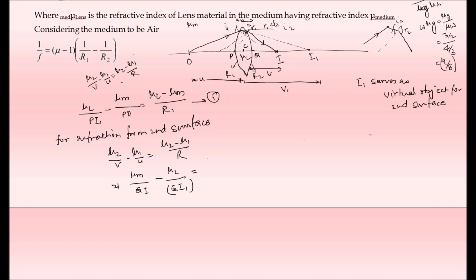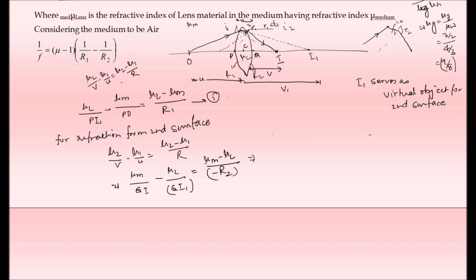If I put the value for the right hand side, then it's equal to mu m minus mu l divided by minus R2. So clearly, if you see here, R2 is in the direction opposite of the incident light ray. The radius of curvature for this second surface is on the left hand side, and we have already taken the right hand side as positive.